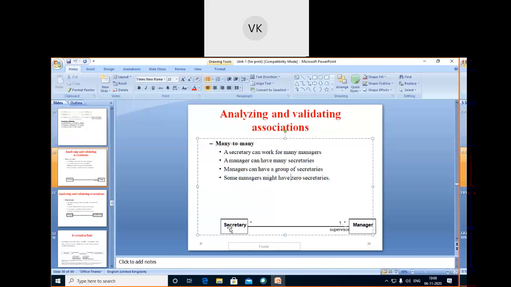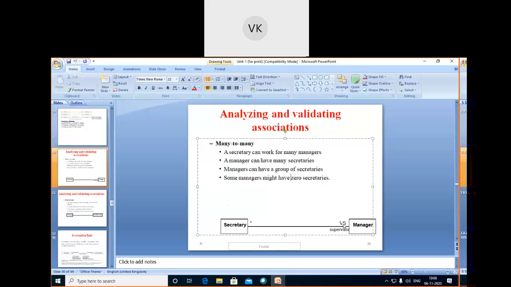Here you see secretary is one class, manager is one class. Secretary is a supervisor for manager. A single secretary can work for one manager or many managers; the association is marked with a one, dotted, and a star.